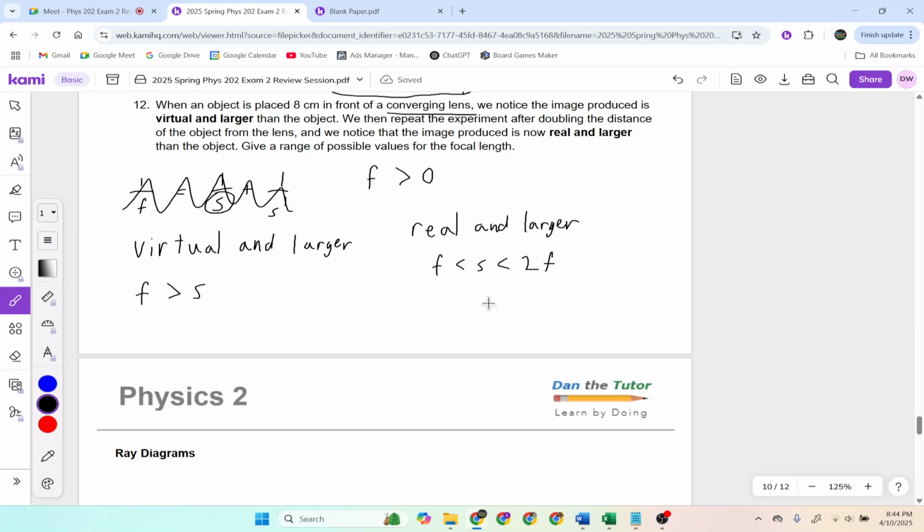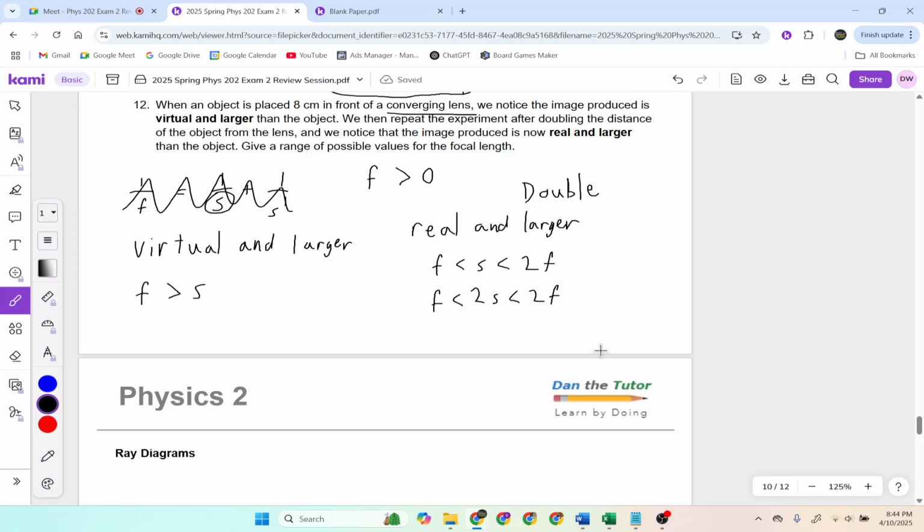But first with this problem, notice that for the real and larger, I had to double the object distance. So in other words, this is really 2s, right? And so now watch what I'm going to do.